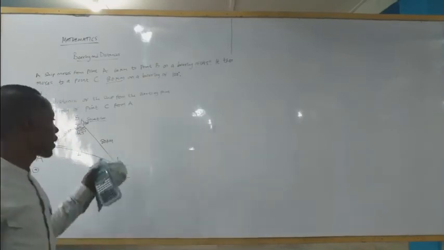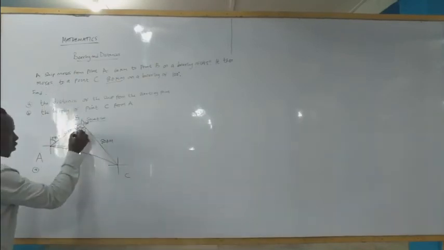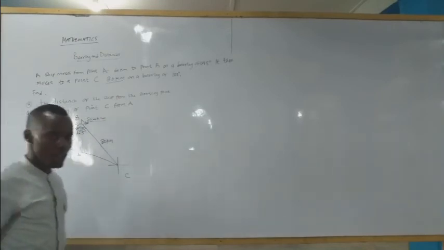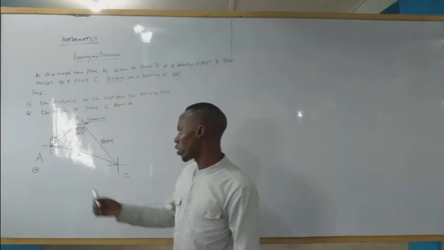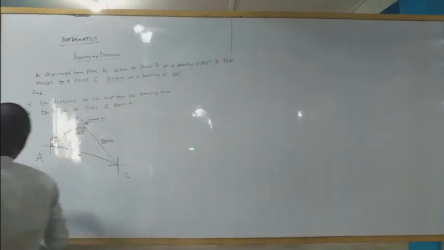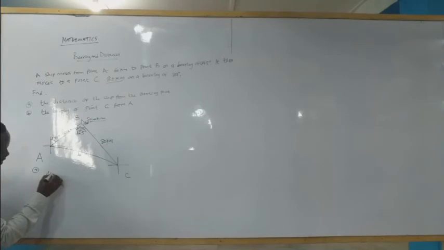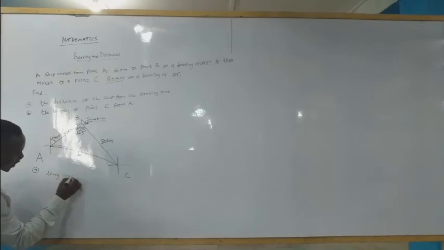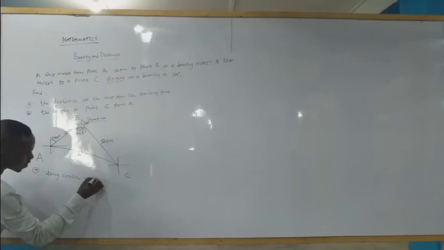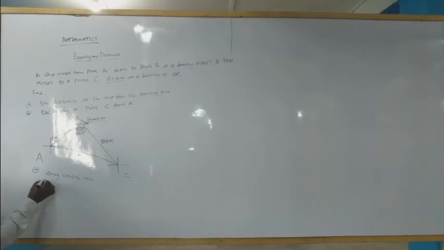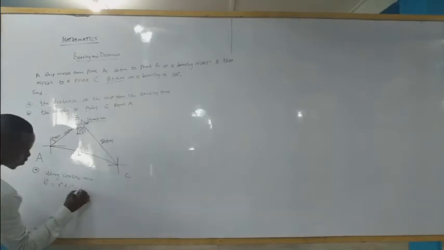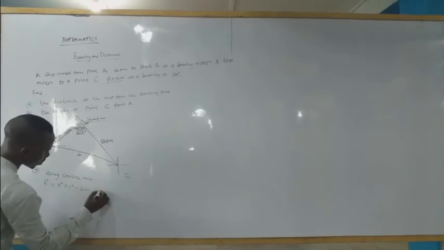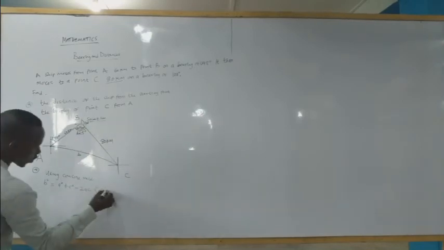So from here, we can use our cosine rule to find the value of b. Using the cosine rule, which says that b square is equal to a square plus c square minus 2ac cos B, the included angle.